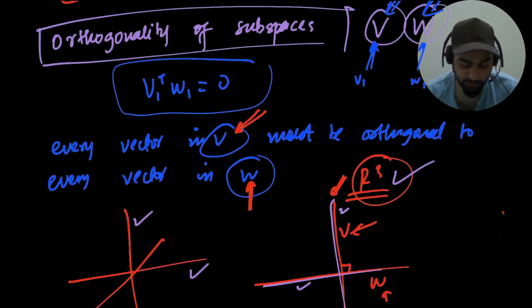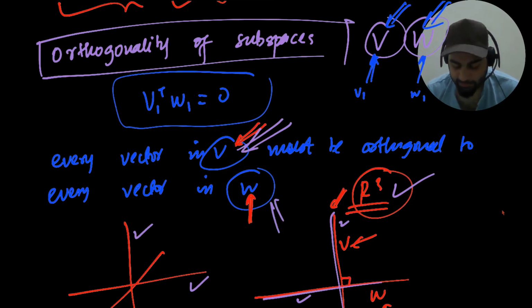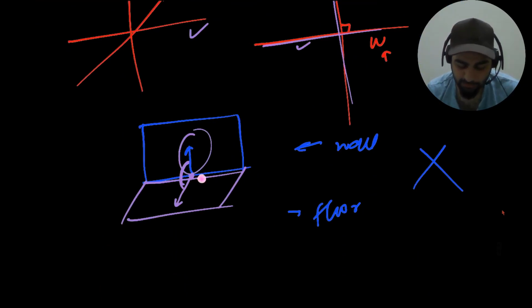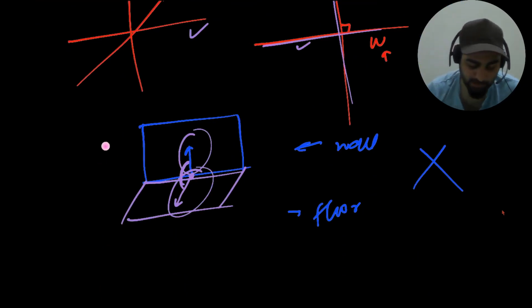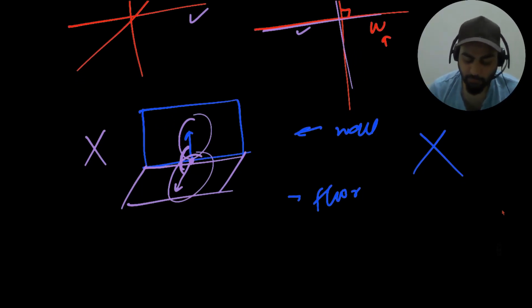In the definition, I told you that every vector in V must be perpendicular to every vector in W. Here I just gave you an example where this vector is not perpendicular to this vector. That means these two are not orthogonal subspaces to each other. Is it clear now? Or do you have any doubt? So for orthogonality, any vector should be, that's why I gave you this example.